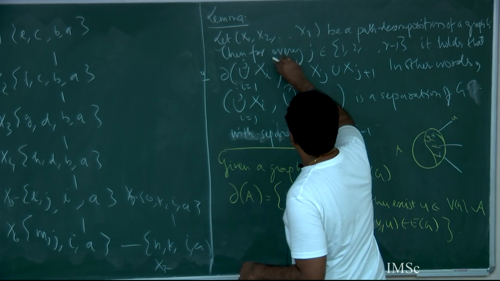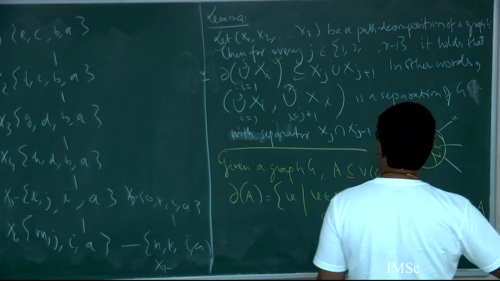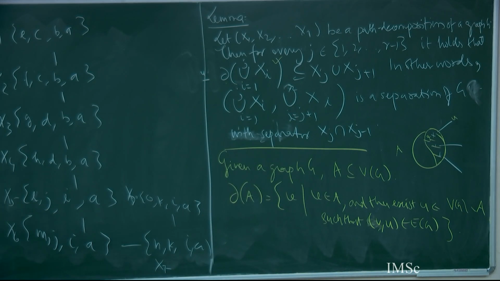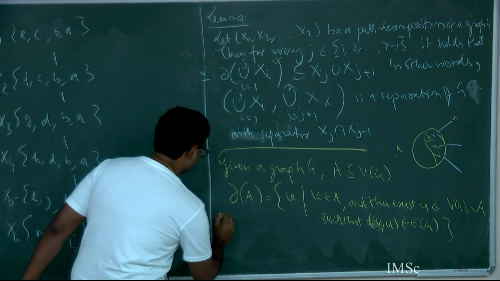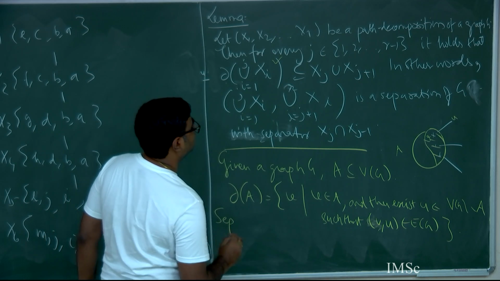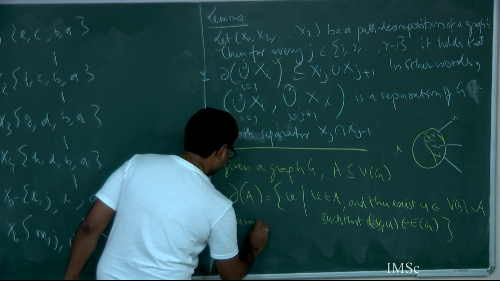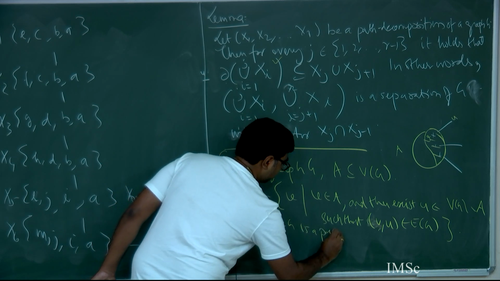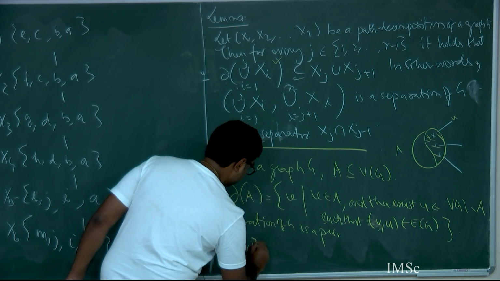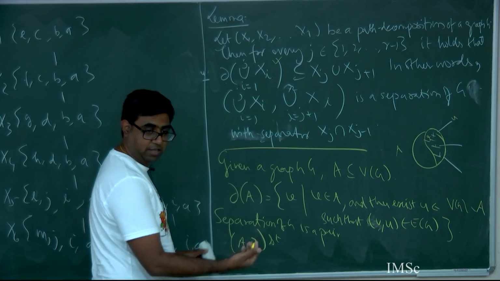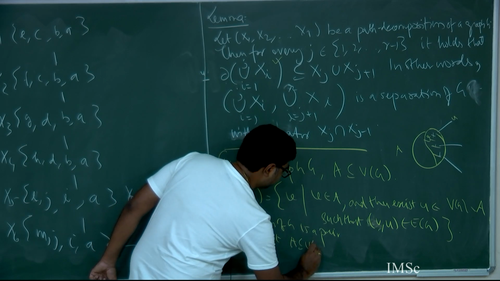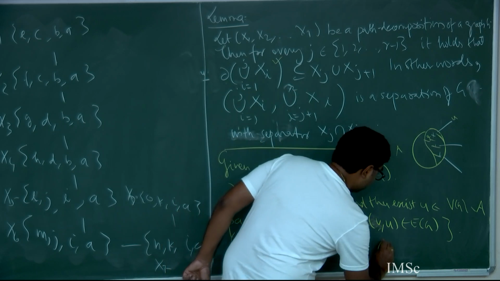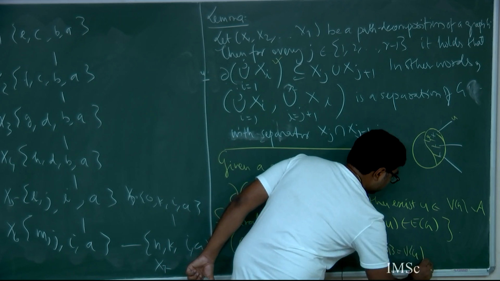So this we defined, and now we define the notion of separation. What is a separation of a graph? A separation of G is a pair A, B such that A is a subset of V(G), B is a subset of V(G), and A union B is equal to V(G).